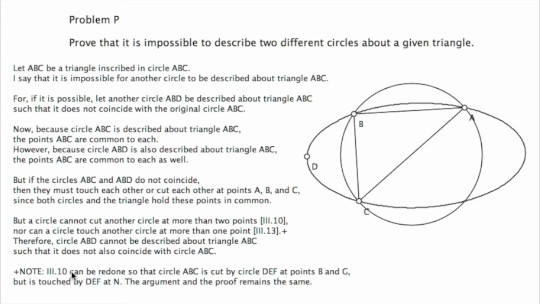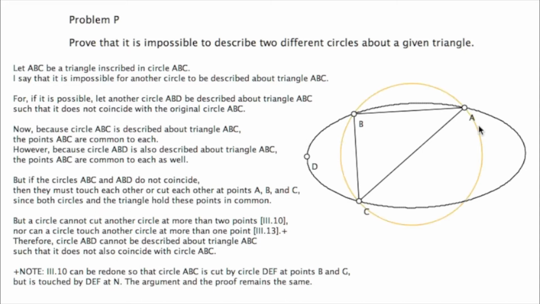And if you wanted to be a little bit more thorough, you could just rewrite proposition 10 into your proof. But basically what you would do is you would simply redraw the figure so that the circle ABC is cut by circle DEF at points B and G, which is in the original figure, but is touched by DEF at N. So rather than cutting, and your book will have the points labeled H and F, right, on the other side, rather than cutting there, where you see point M in your book, it will just touch N instead.